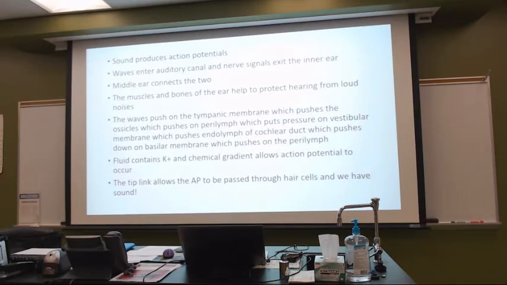If the structure didn't have that much to move through and it didn't dampen the sound, we would become deaf from our own voice. So that's how amazing that little itty bitty structure is in the inner ear.